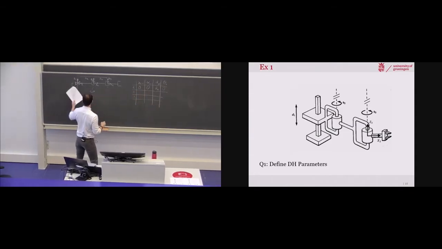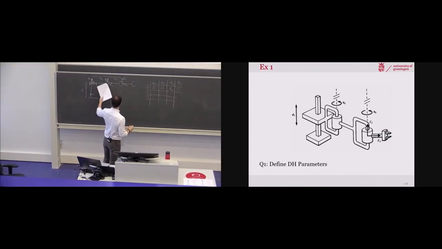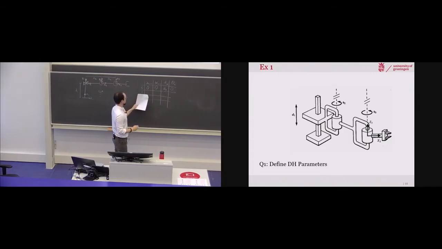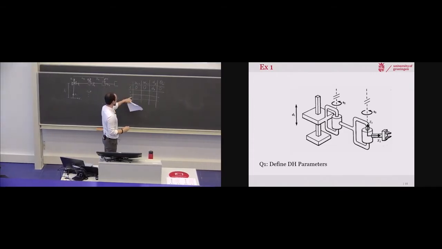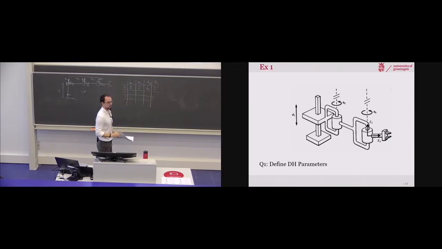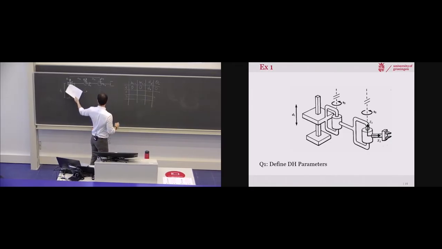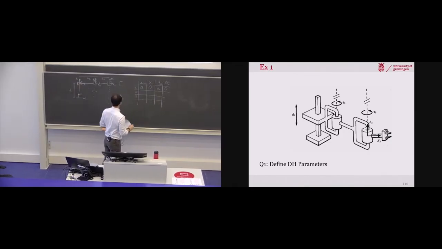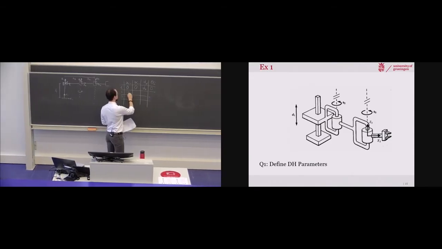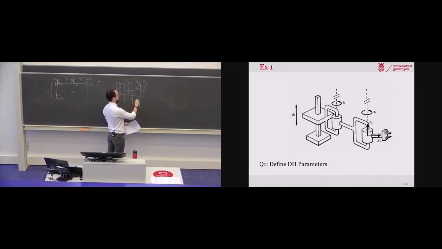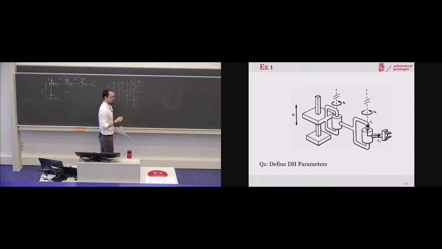Now, how do we pass from frame 1 to frame 2? Well, is there any displacement along the x-axis? Yes, there is, and it is exactly a1, right? And is there any rotation around the x-axis? No. Is there any displacement along the z-axis? No. Is there any rotation along the z-axis?